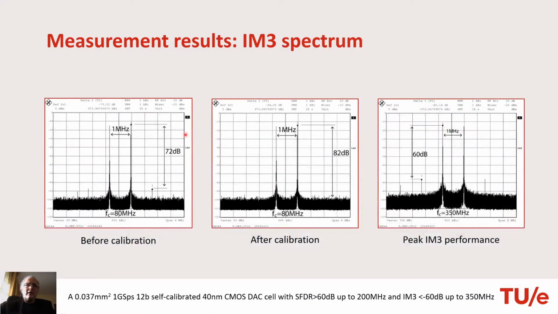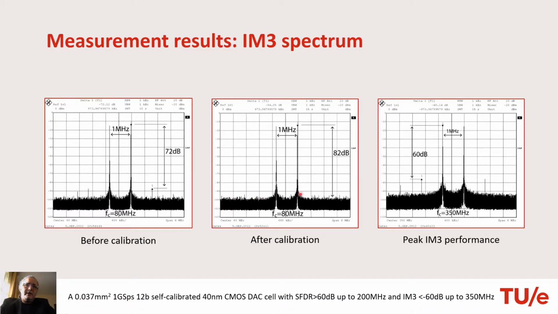So here are some spectra to see. This is at a central frequency of 80 megahertz and spacing between the two tones of 1 megahertz. So here we will measure IMD3, and before calibration we have about 72 dB for this particular point, and when we run calibration there is a 10 dB improvement.